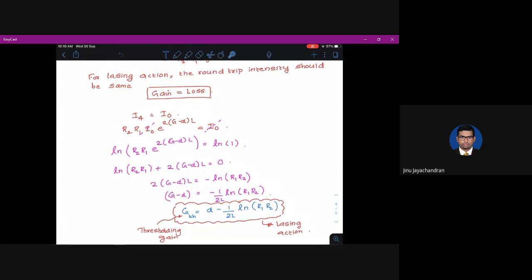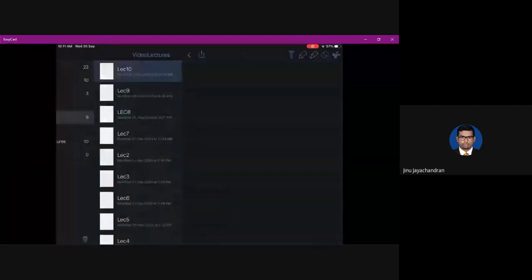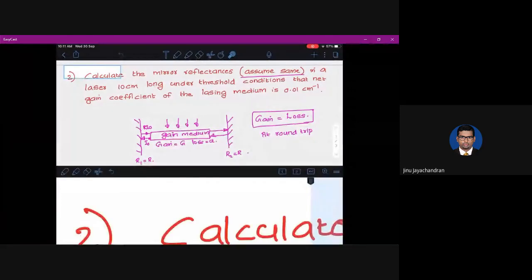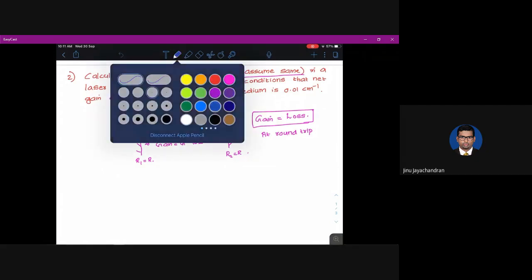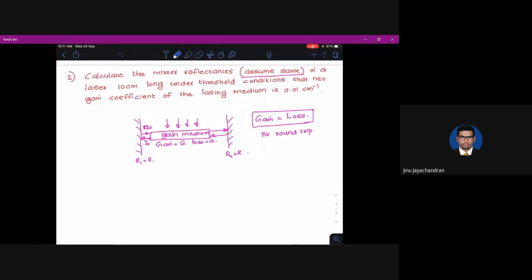It's already told in the question that under threshold conditions, there is the net gain coefficient, and the lasing net gain coefficient is 0.01 centimeter inverse. So let's write the equations. First, under threshold condition, R1 R2 e raised to 2 into G minus alpha into L is equal to 1.